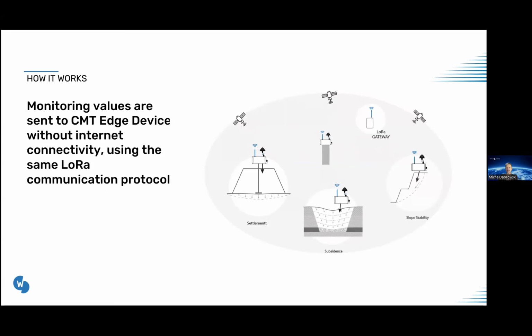After GNSS corrections have been delivered to the rovers, the rovers obtain accurate positions, and then this information is again retransmitted from all the deployed devices over LoRa to the LoRa gateway.